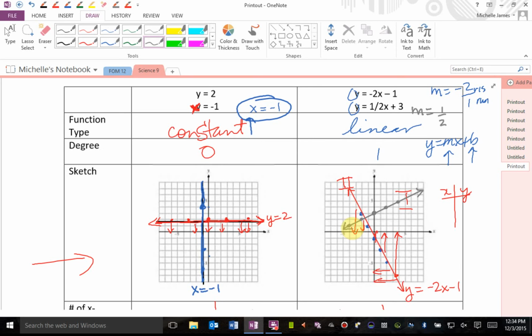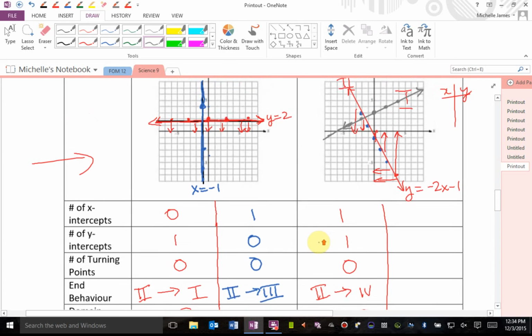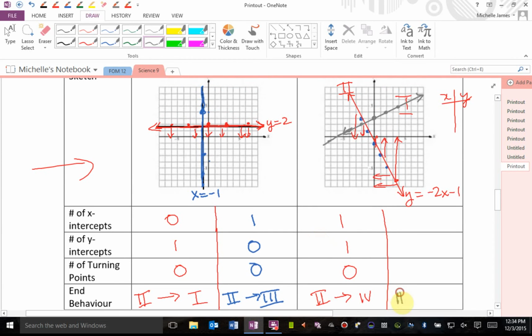So if I were to extend this graph, even though it looks like it starts in 2, if I were to extend this graph, I'd be in quadrant 3, wouldn't I? 3 to 1, is it? So I would say the behavior is 3 to 1. Is there anything different about x-intercepts, y-intercepts, or turning points? No. Same.